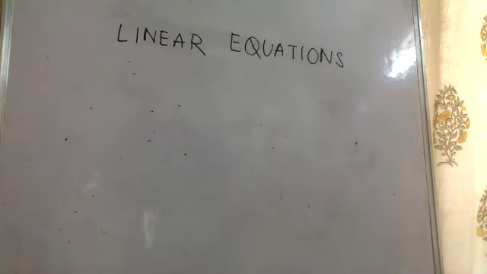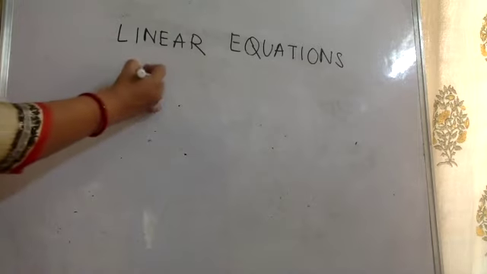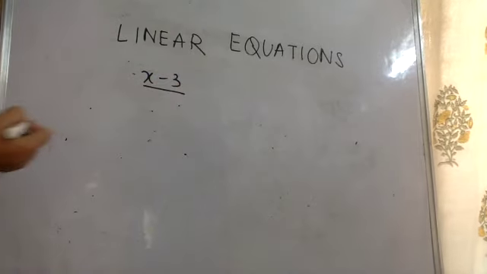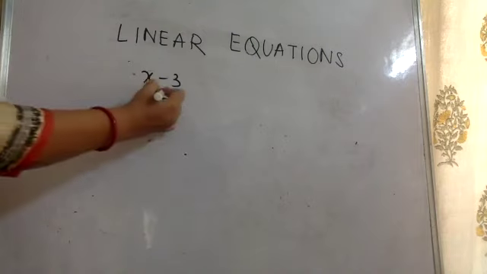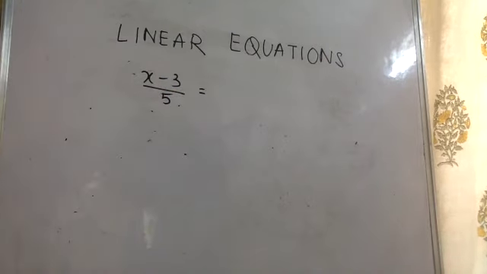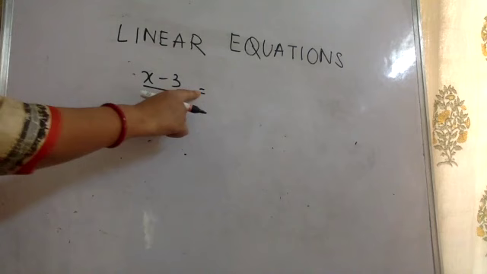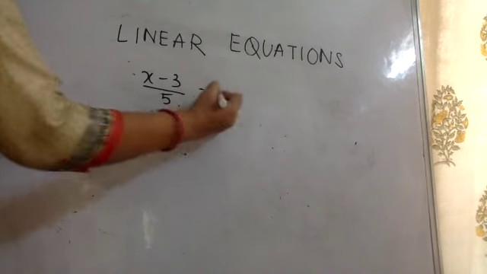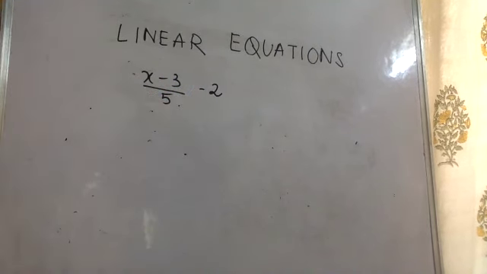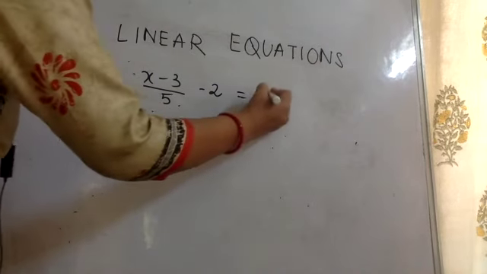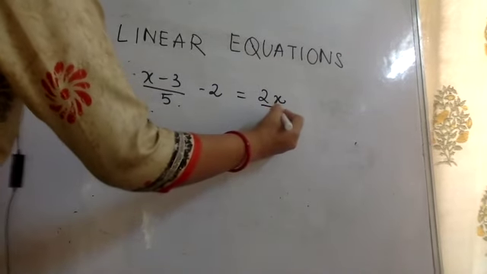The next sum is going to be another different type. x minus 3 by 5 minus 2 is equal to 2x by 5.